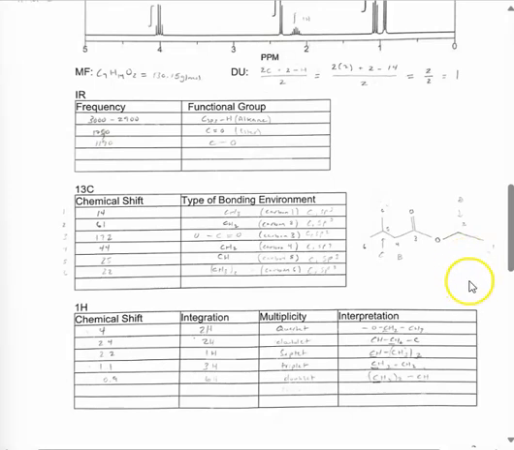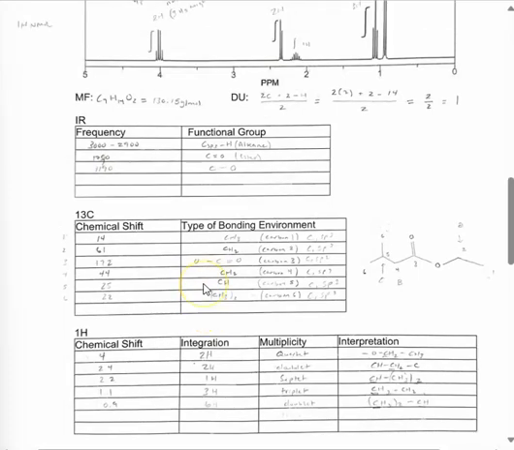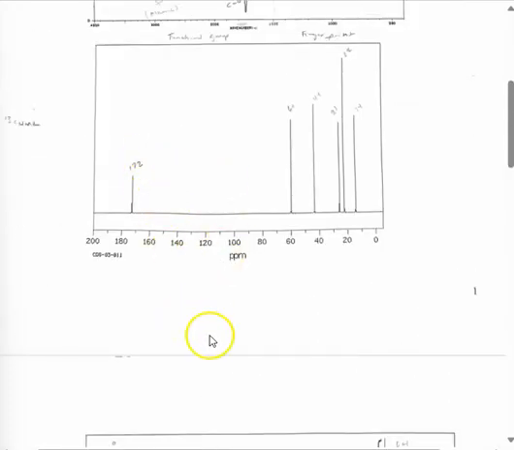So carbon 1, or this particular methyl group over to the right, will be at about 14. Carbon 2, this CH2 group, will be at around 60 or 61. Carbon 3 is that carbon double bonded to an oxygen that we talked about, or that first peak, which is at about 172.